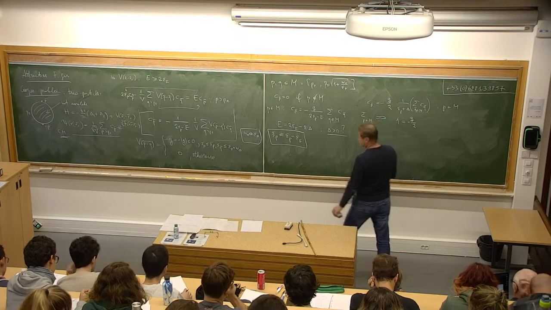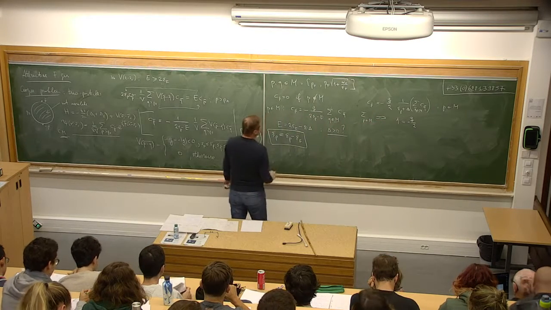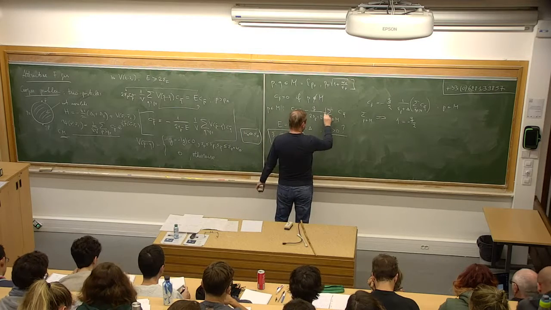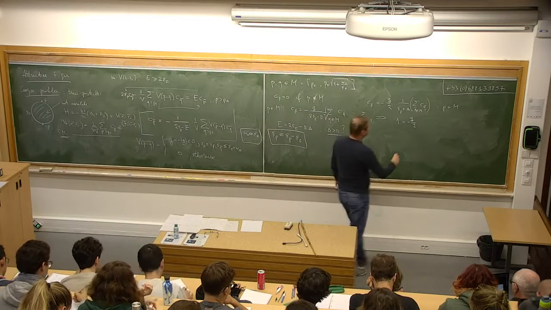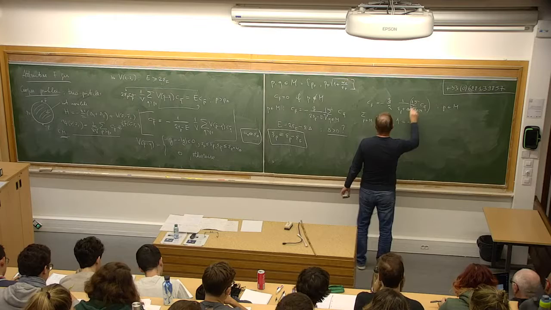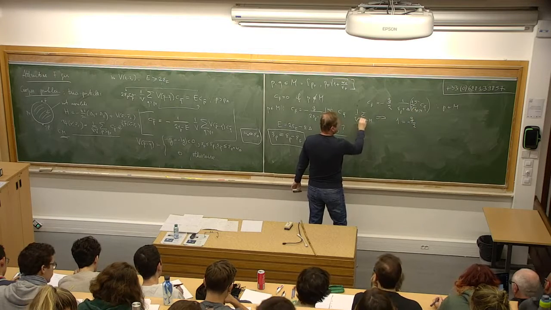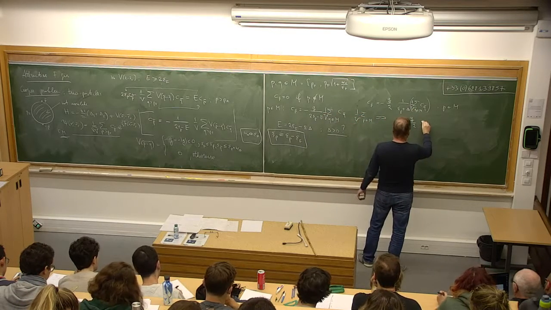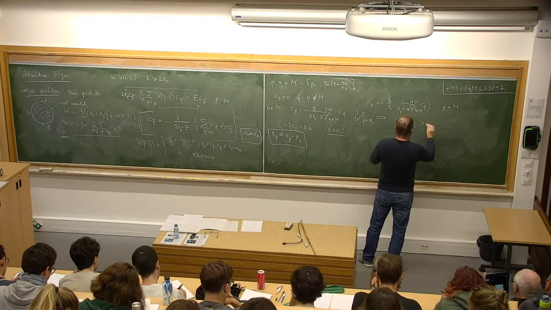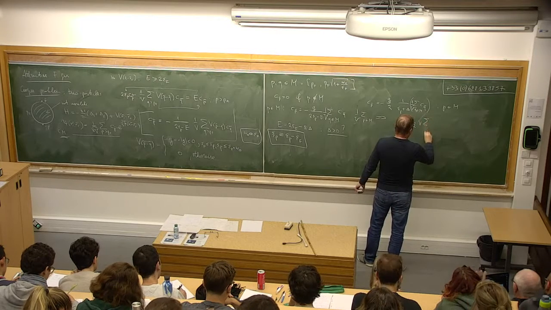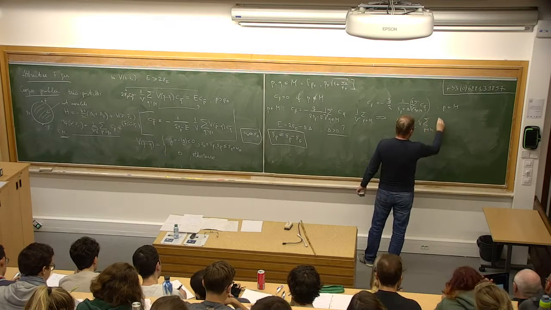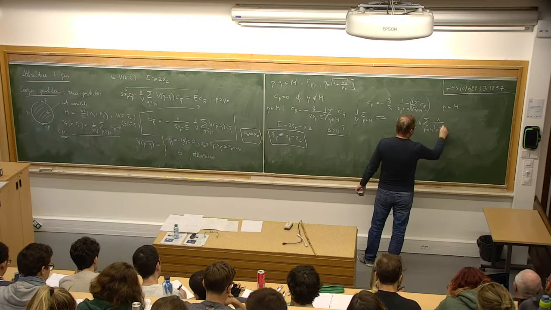And I forgot somewhere, I lose the volume somewhere on the way. And then I will have 1 over the volume, sum over P belonging to M, 1 over psi P plus delta.